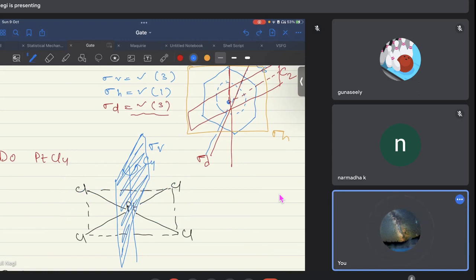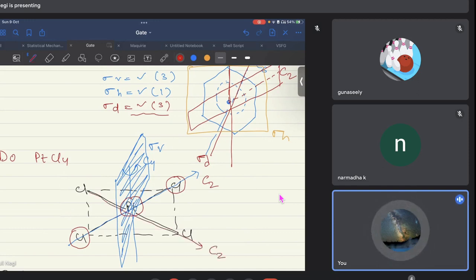Sigma h will be present, yes. And for sigma d, if I am talking about this particular three atoms, one chlorine, metal, again chlorine, is there a C2? Yes, there is a C2, because it will give me the configuration again after 180 degree rotation. So this is a C2, and this is again another C2.